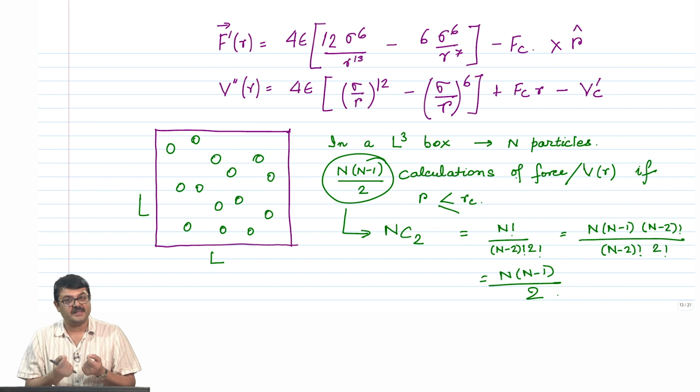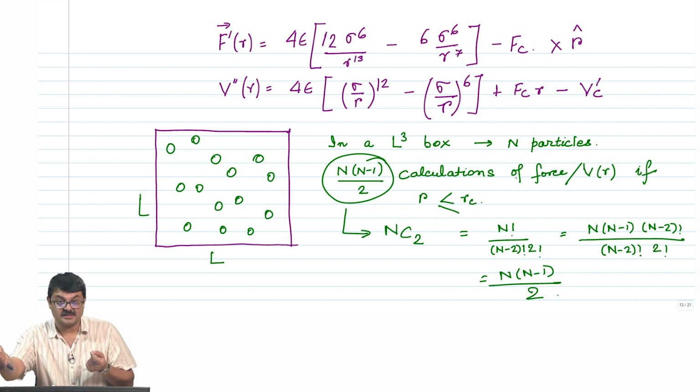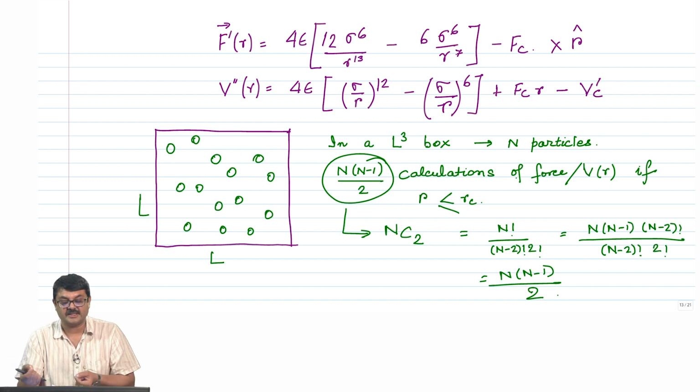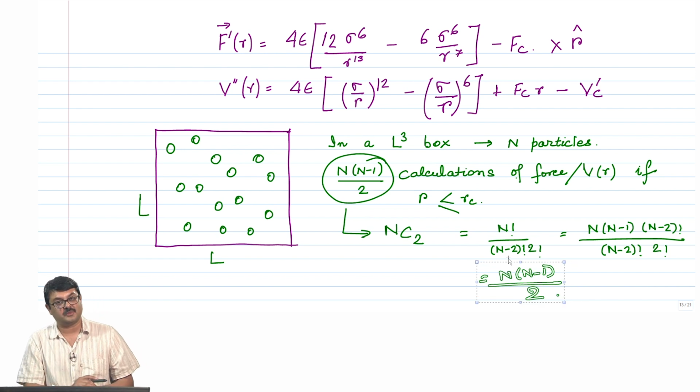There is a pairwise interaction, every particle is interacting with every other particle, even if its interaction be 0, then you do not need to calculate the expression for the force. And there are NC2, C being the combinatorial symbol, NC2 ways of choosing a pair of particles from n particles, and NC2 is nothing but n factorial upon n minus 2 factorial upon 2 factorial, and that you can easily check is nothing but n into n minus 1 by 2.